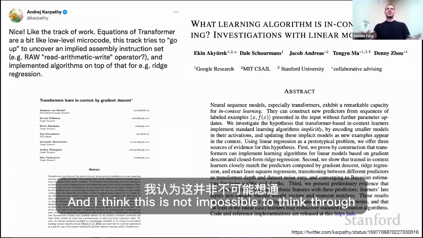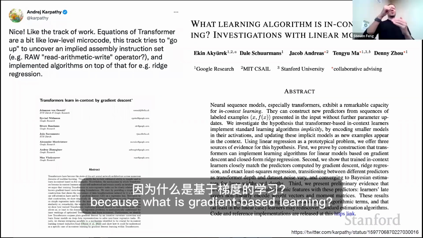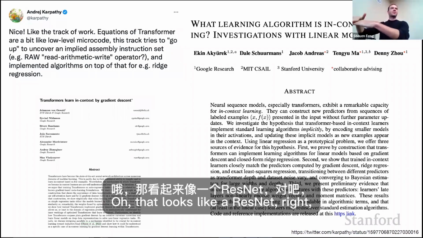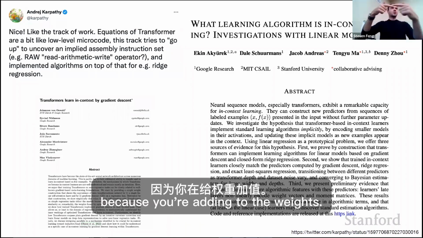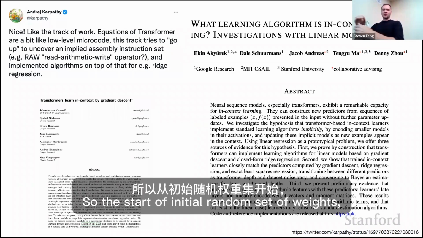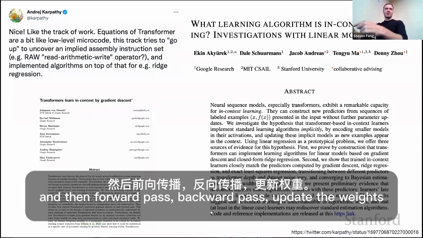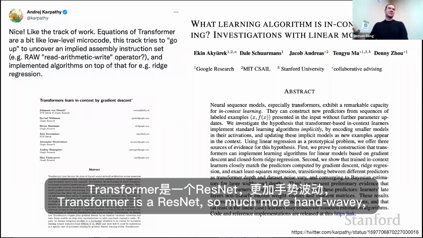And I think this is not impossible to think through, because what is gradient-based learning? Forward pass, backward pass, and then update. Well, that looks like a ResNet, right? Because you're just adding to the weights. You start with an initial random set of weights, forward pass, backward pass, and update your weights. Then forward pass, backward pass, update weights. It looks like a ResNet. Transformers are ResNets.